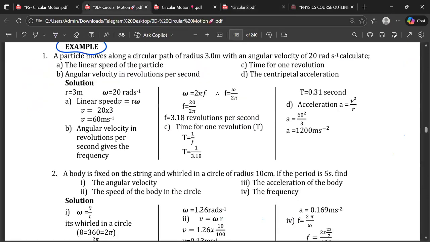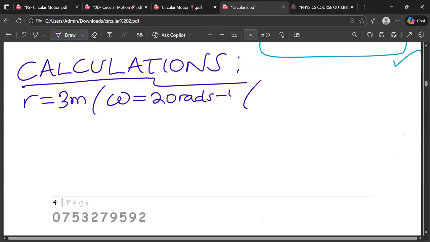Calculate, that's all. Then they want the linear speed. It's always better you first find out what exactly they want for each case, so that you don't calculate an earlier part when you're not aware. So for part 1, they want you to get the linear speed. So linear speed is V.